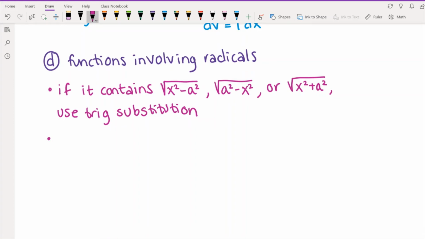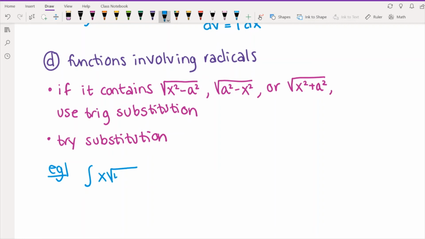Another thing that might come up is actually a regular substitution. I'm going to say substitution, but here I mean not trig substitution. An example of an integral that contains a radical where you would not use trig substitution would be something like x times the square root of 4 minus x.